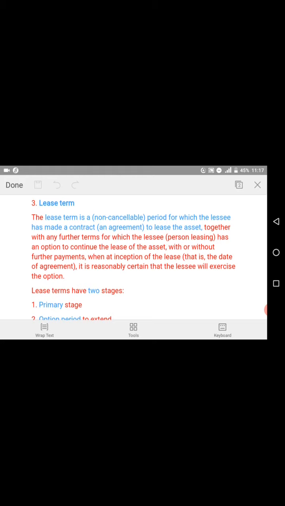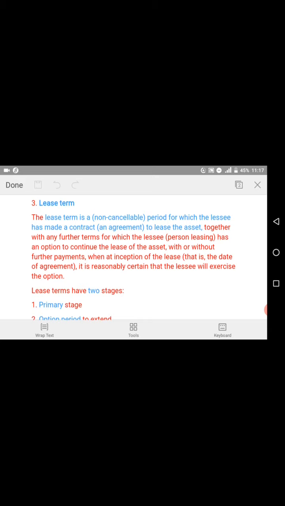Now we would continue. Lease terms have 2 stages. Now in brief, the place highlighted is that the lease term is a non-cancelable period for which the lessee has made a contract to lease the asset. The other part of the definition would be linked to subsequent notes. Now we have 2 stages of the lease term, which would explain the other parts of the definition.